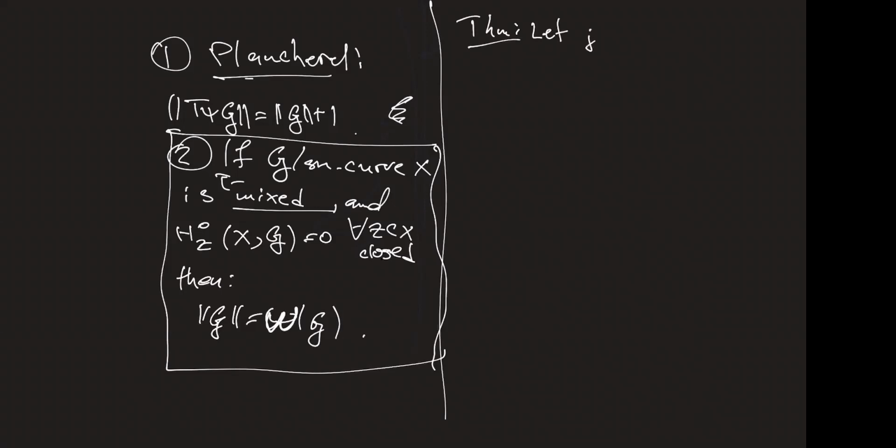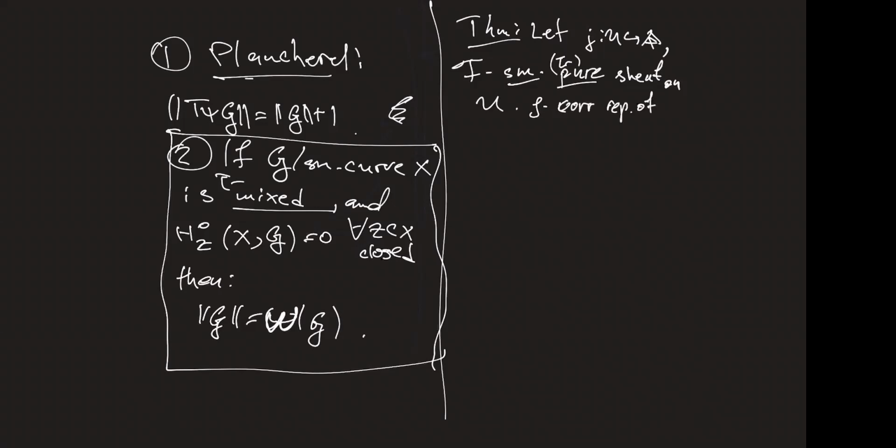Assume we have an open embedding of an open subset U of A1, and F is a smooth, pure sheaf on U. And let's denote by rho the corresponding representation. Phi 1. I'm going to need this. I'm going to put this aside.